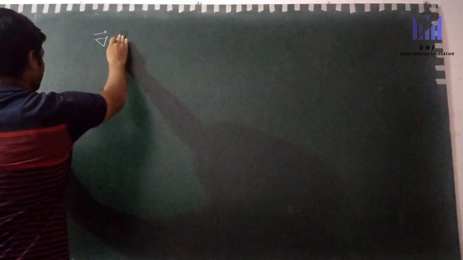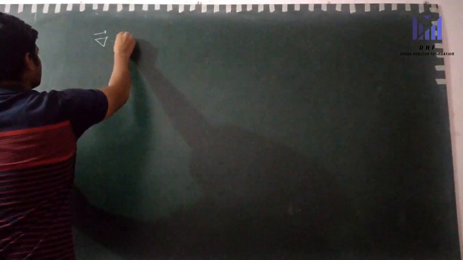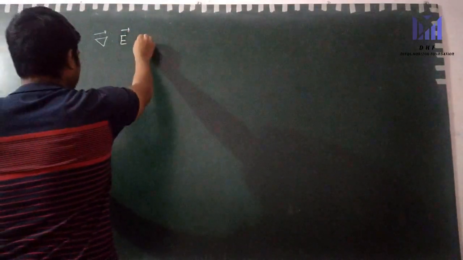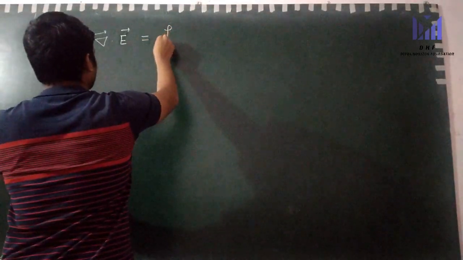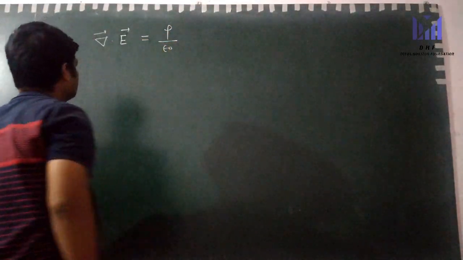The differential form of Gauss law is given by divergence of electric field. Divergence of electric field at a particular point is equal to rho by epsilon naught.